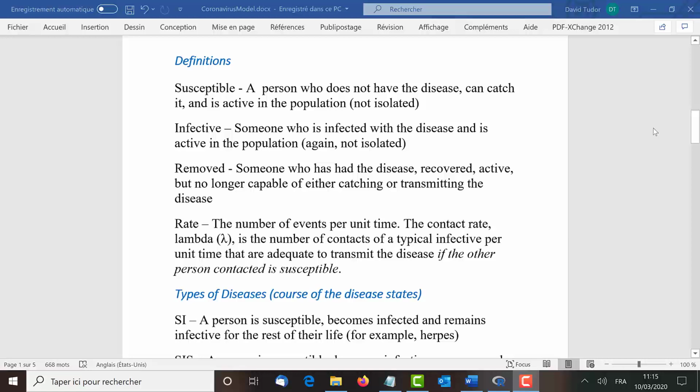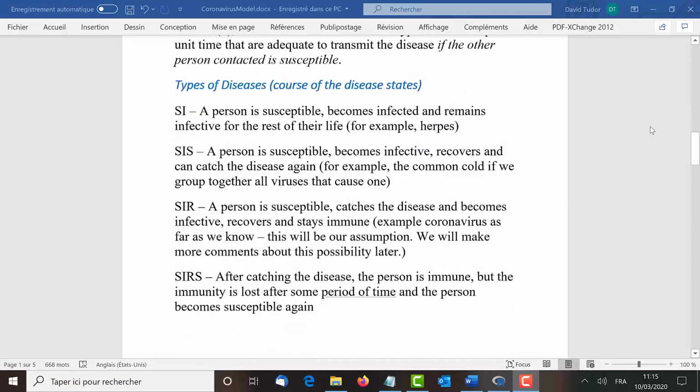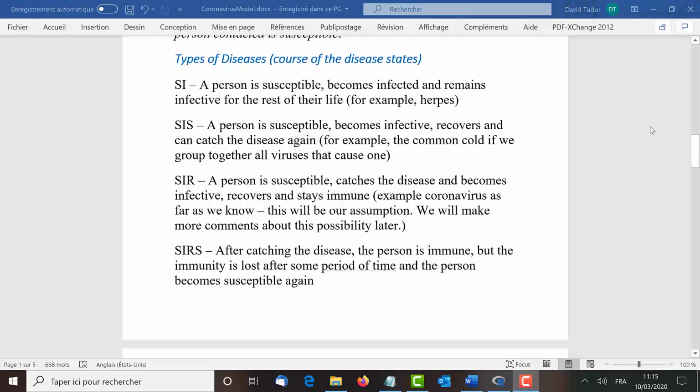So with those three categories in mind, let's look at different types of diseases. An SI disease is one where the person is susceptible, becomes infected, and then remains infective for the rest of their lives. Herpes is an example of that. An SIS disease is one where you become infective, recover, but you can catch the disease again.